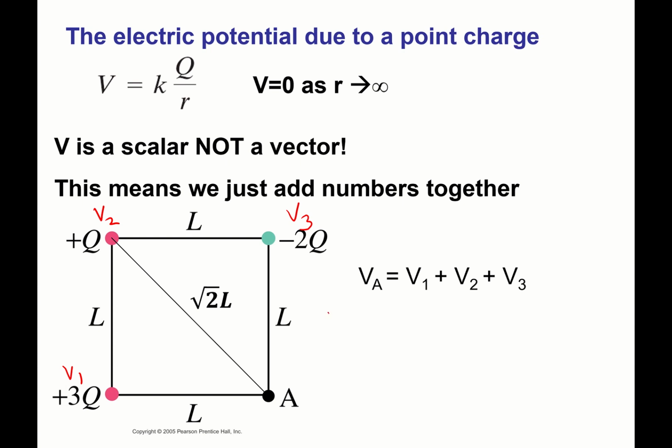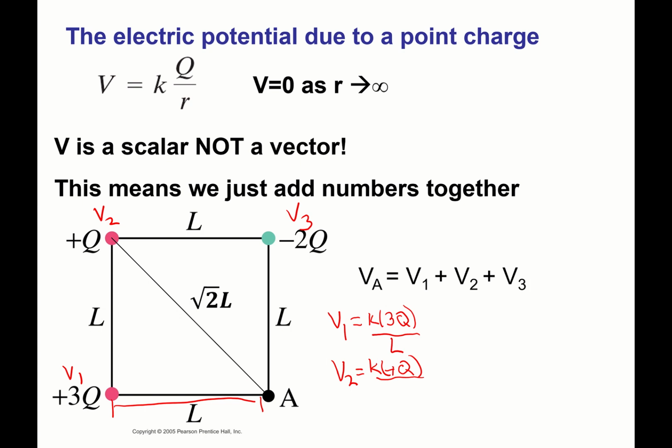So V1 is K times 3Q over the distance between 3Q and the point at which I'm measuring the potential, which is A. So that distance is L. If I look at the potential for charge 2, it's K times that charge, which is plus Q, over the distance to that charge.